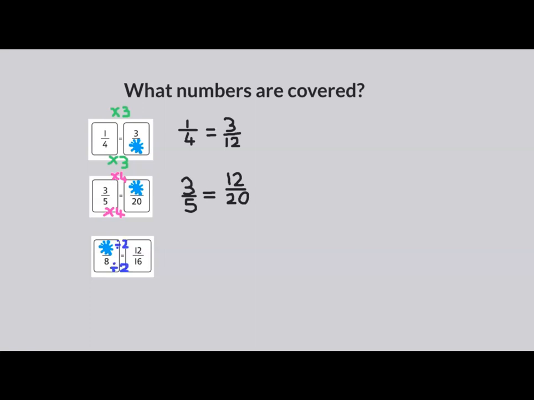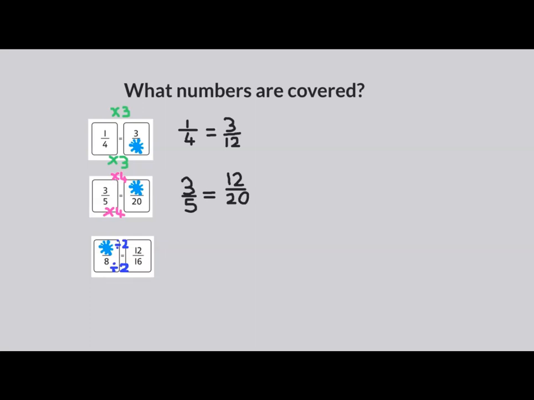Okay, for the last one, again, we're missing a numerator. But we have got both denominators. So it's the same rule. We need to examine the relationship between the 2 denominators. What operation has been carried out to 16 to give us the new denominator of 8?